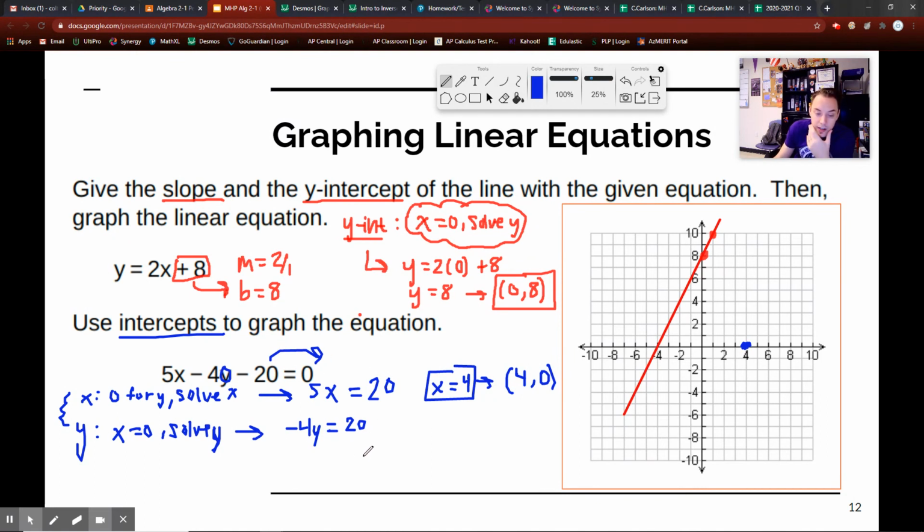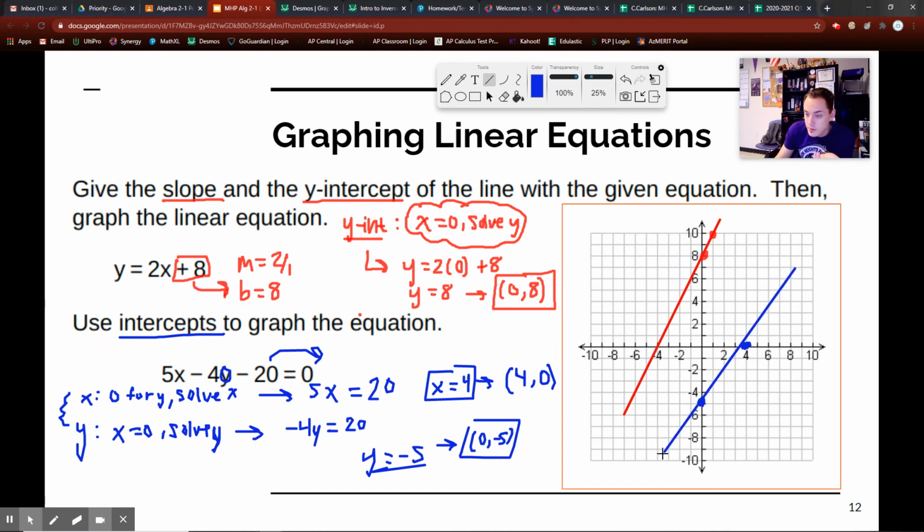Then divide by negative 4, of course, and it becomes negative 5. So that means my input was 0 and my output was negative 5. Okay? So we're going to plot that. So (0, negative 5) right here. And of course, we can get a line.